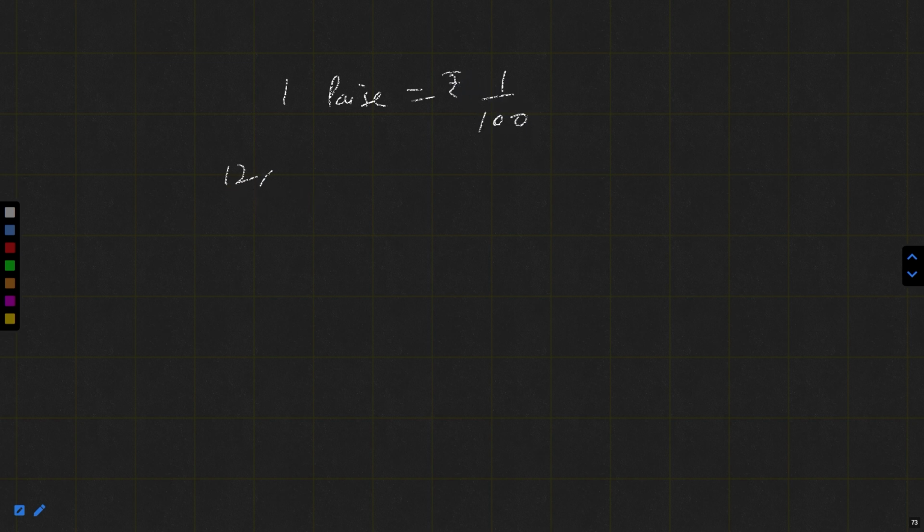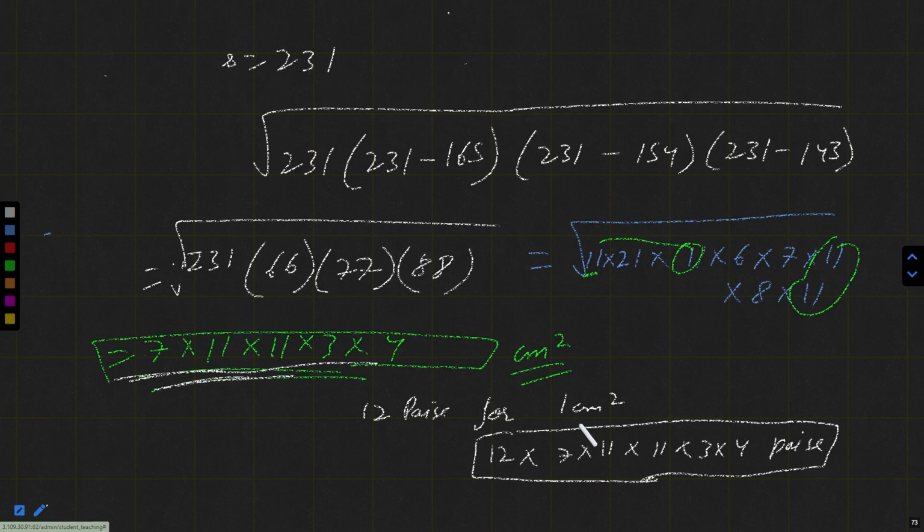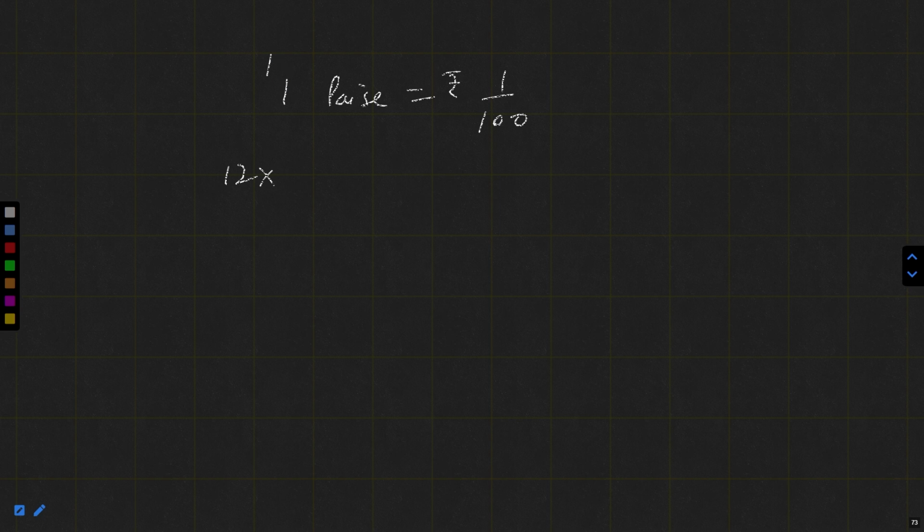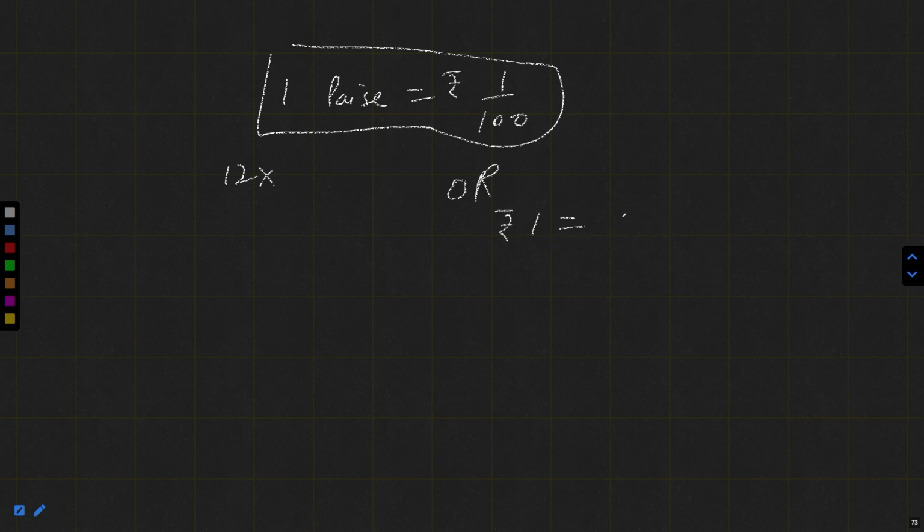So just divide it by 100 to get your answer in rupees. I hope this is clear to you, as 1 rupee is equal to 100 paise.